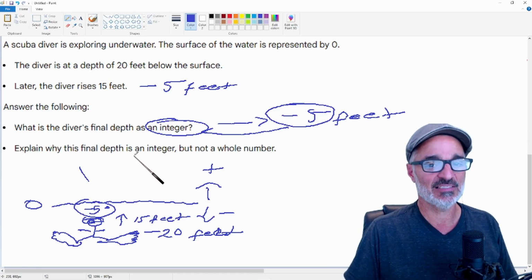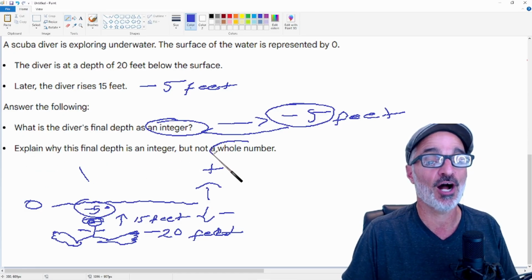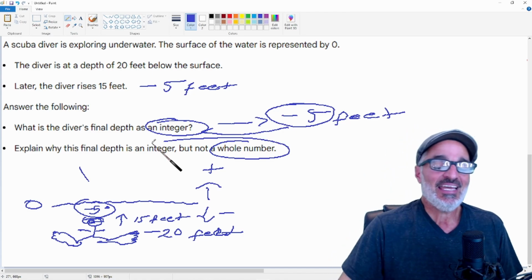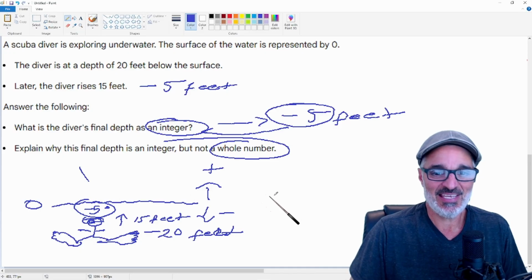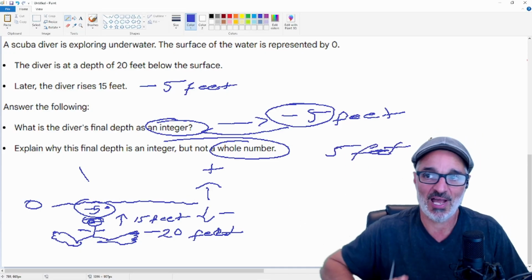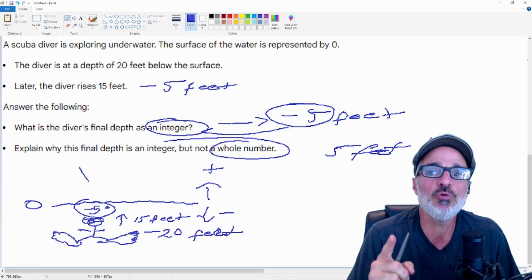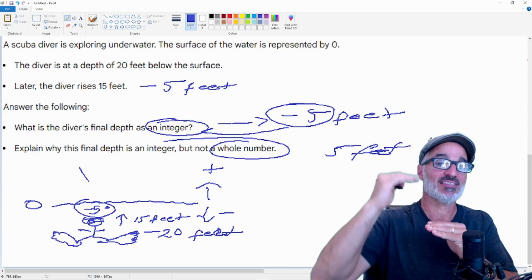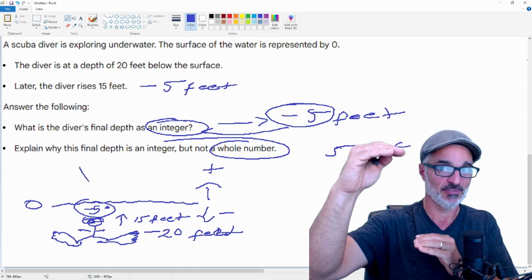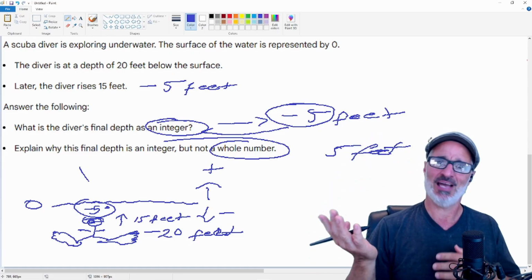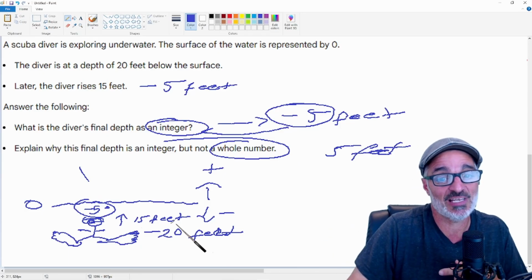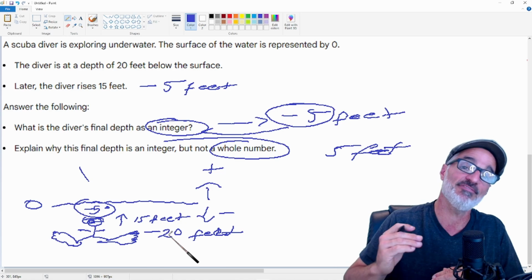Explain why this final depth is an integer, but not a whole number. Aha. If somebody answers, hey, he's at 5 feet after he rises 15 feet, they would be wrong, because they just gave me a positive number, and positive numbers are above the water level. That would mean he's outside of the water, and he's not outside of the water yet, because he was at minus 20 feet and he went up 15 feet.